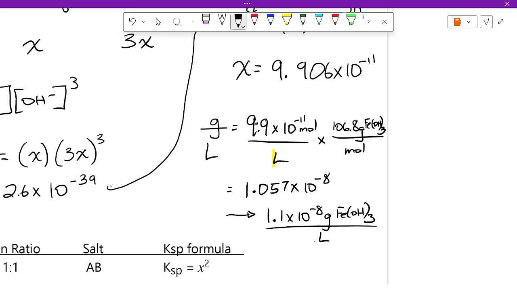Did you get 1.1 times 10 to the negative 8? Yes. Yay! That means I didn't do it wrong. Hooray!